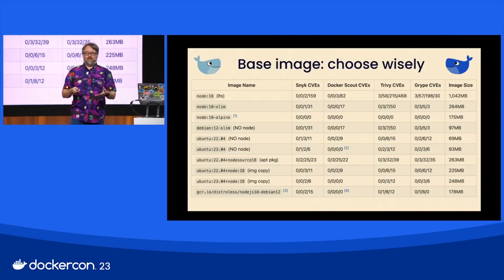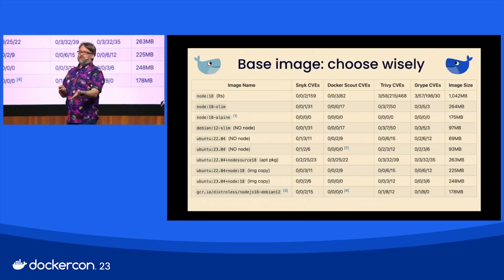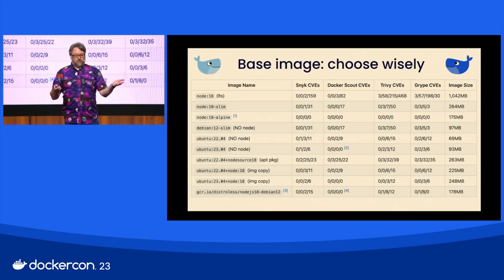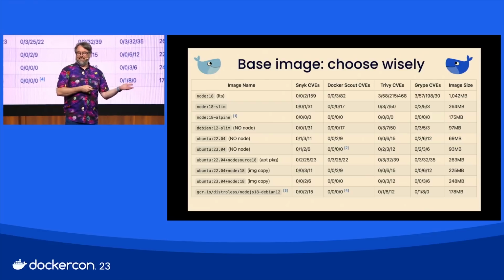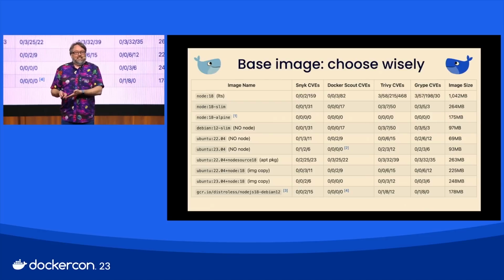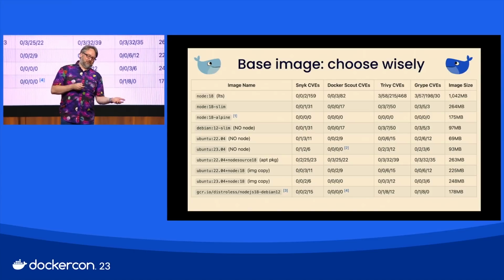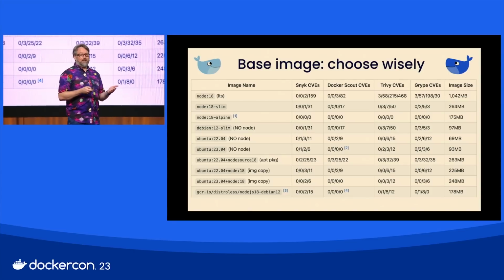So I consider it an advanced solution, but it still has vulnerabilities in it. In some cases, it might have more vulnerabilities than the Ubuntu one. So why would I use it, because the point of distroless was to keep it small and secure. And it's not always the best choice.